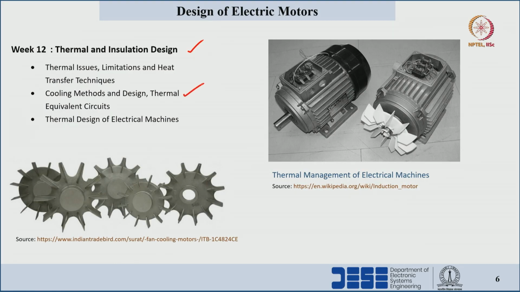We can see here which types of cooling methods there are, whether natural cooling or forced cooling. For example, fan based cooling we can see in this image, and different types of fan arrangements we can see here. For any type of machine, as per the standards, how to do the thermal design and thermal equivalent circuits of a machine we will discuss in detail.